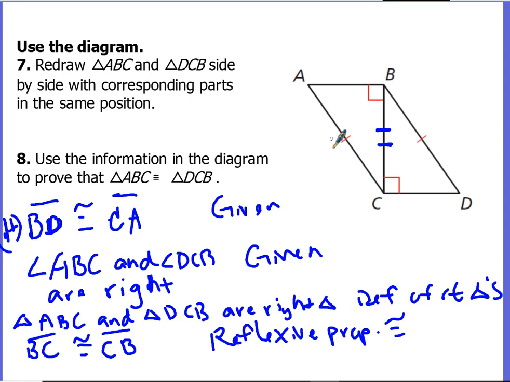I have the hypotenuse congruent. Here is my leg. I'll put a little L to the left of it for leg. Hypotenuse, leg, right triangle theorem. Two triangles are congruent. Triangle ABC is congruent to triangle DCB by the hypotenuse leg theorem.